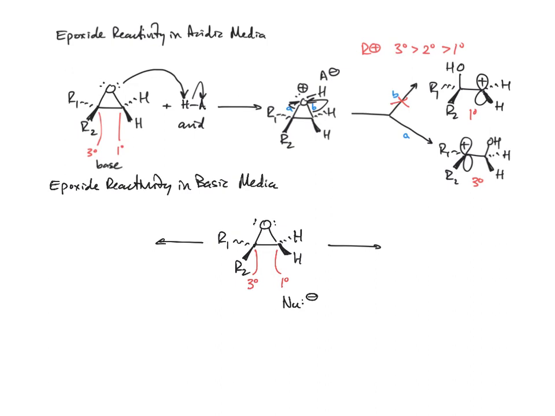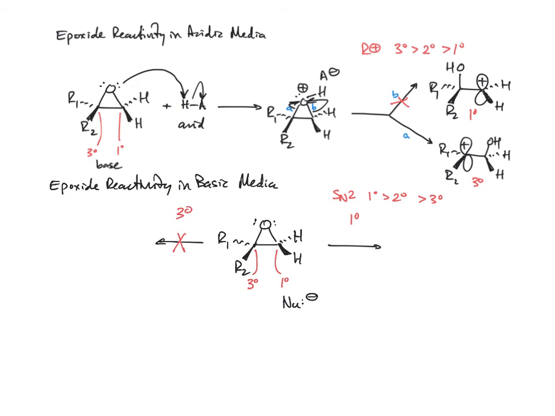So now since we're under SN2, we know that primary is greater than secondary is greater than tertiary. And so that's how we're going to make our choice here in which way to go. So the nucleophile is going to attack the primary carbon and not the tertiary. So let's just write primary here, tertiary there.